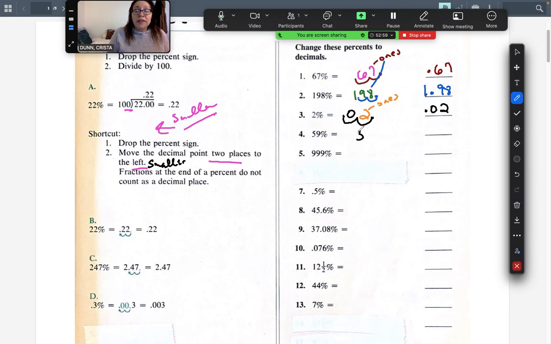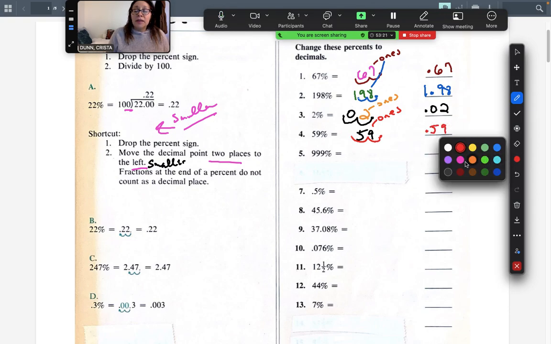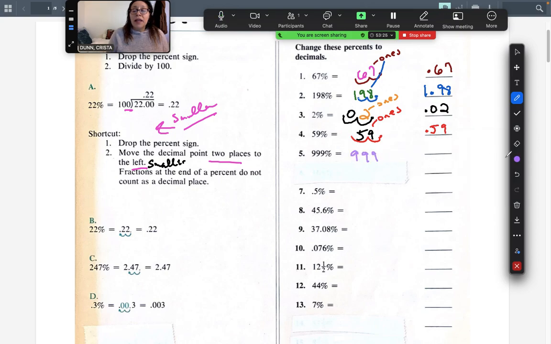Here I've got 59%, and I'm going to take that decimal point and put it after the ones place, right? There it is. And I'm going to move it how many place values? Smaller, right? To the left. And so it's 0.59. Let's talk about this one, 999%. I'm going to put my decimal point after the ones place.